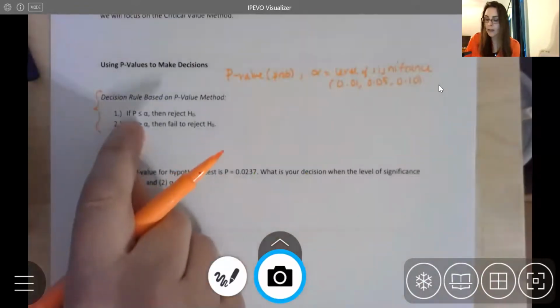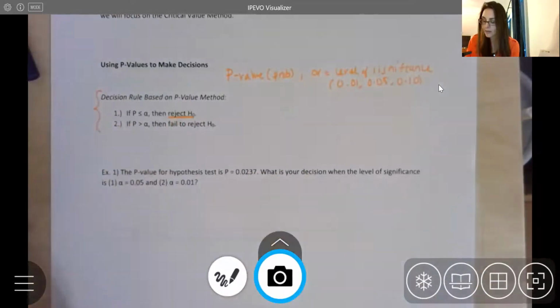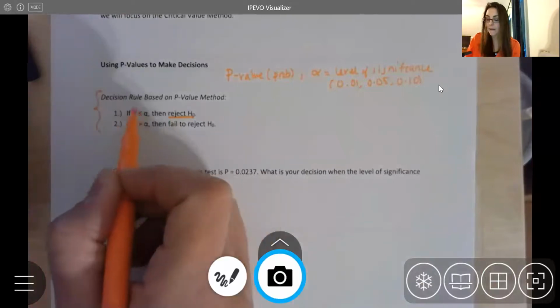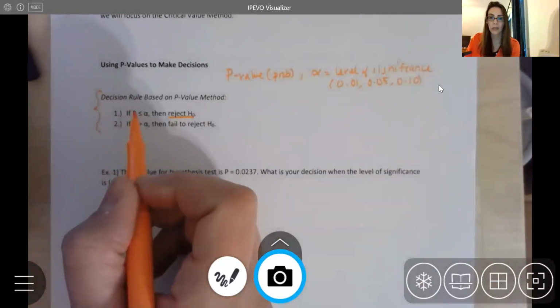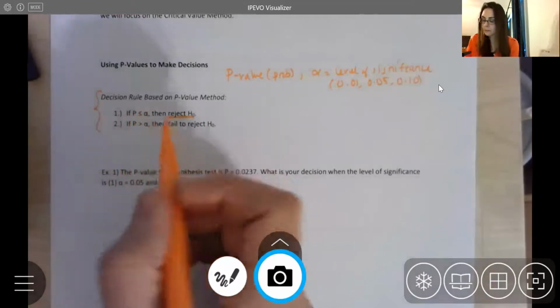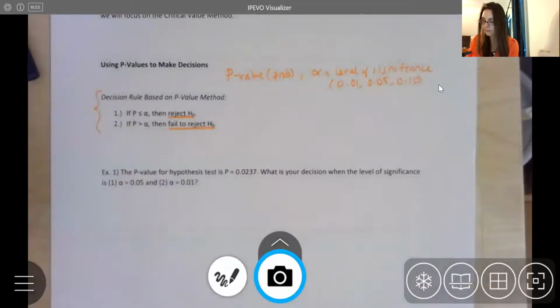When your p-value is less than or equal to alpha, you are going to reject the null hypothesis. Basically, you're saying if your p-value is less than or equal to alpha, this is unusual, so something's wrong, so you're going to reject the null. If your p-value is greater than alpha, then we fail to reject the null.